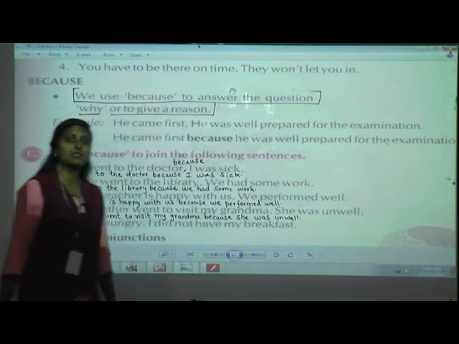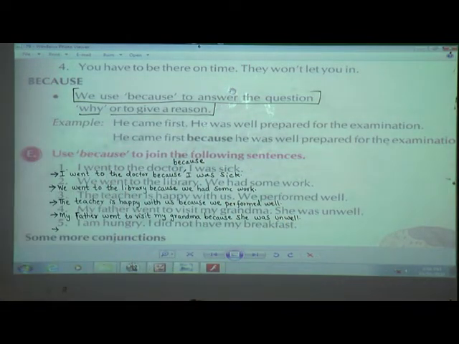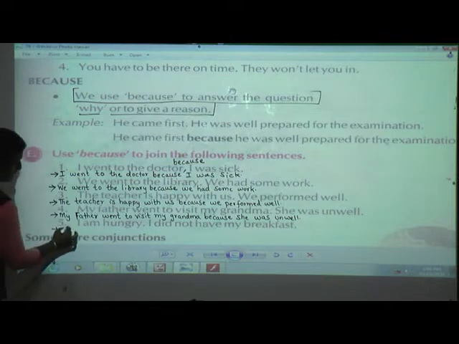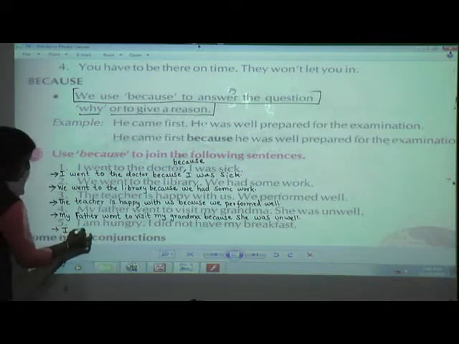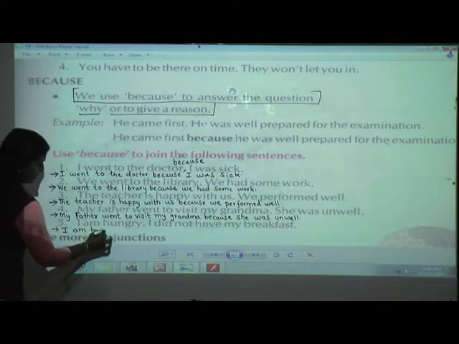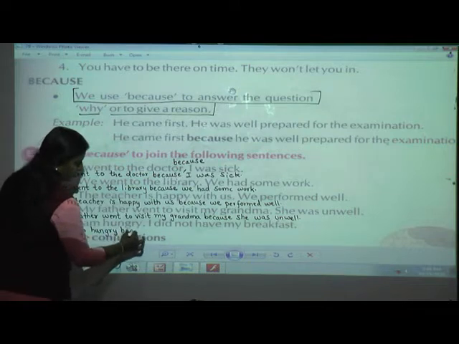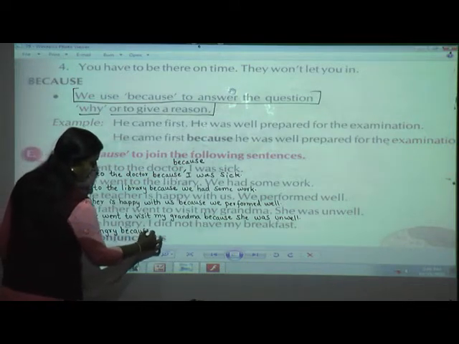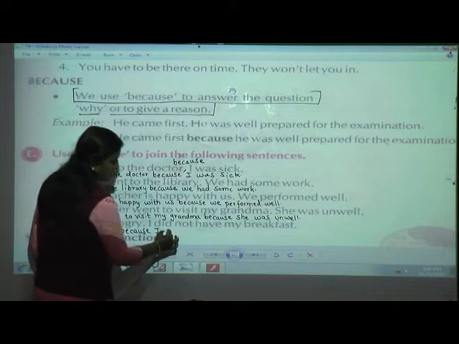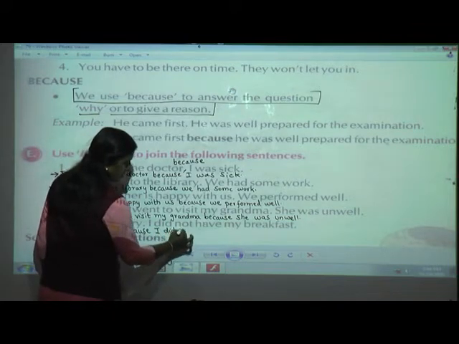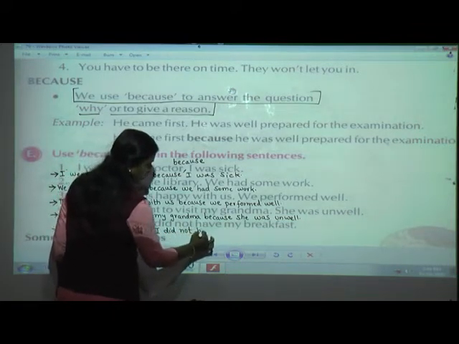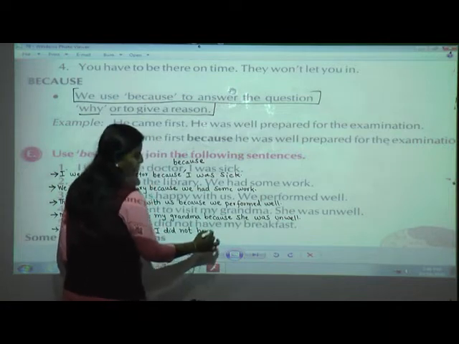You only have to join the sentences with the given conjunctions. Fifth one, I am hungry because I did not have my breakfast. Yes or no? What is the reason for hungry? Because I did not have my breakfast.